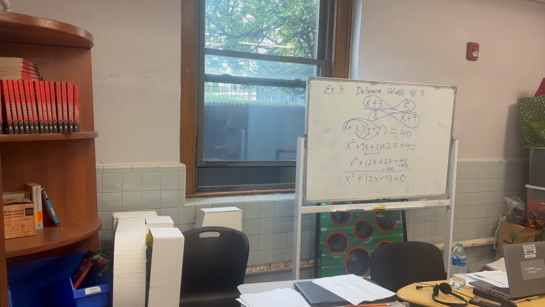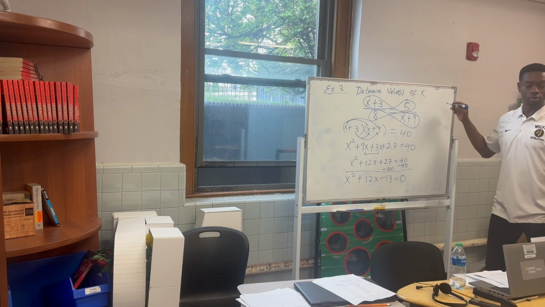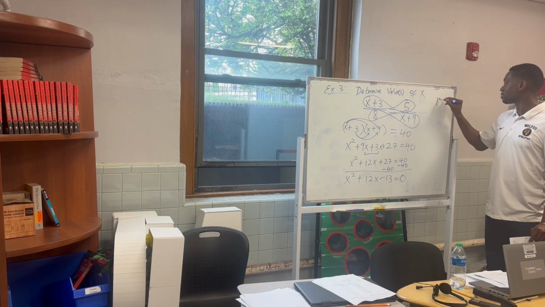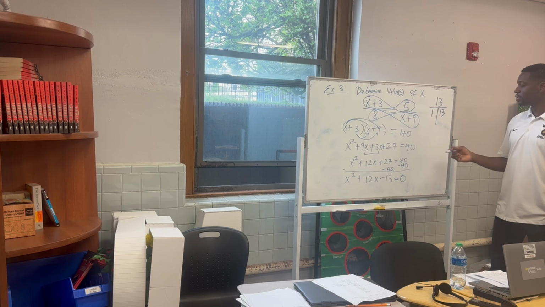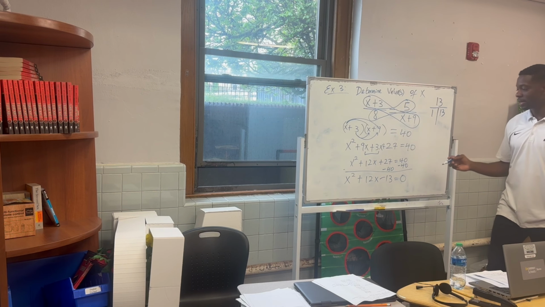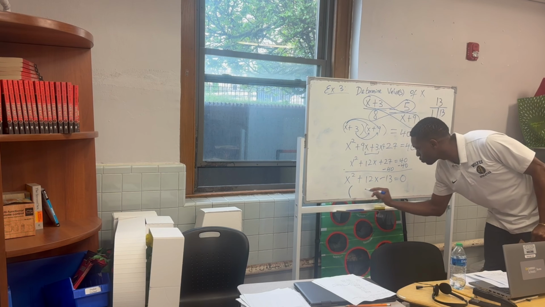When I had 27 minus 40, right? Oh. Right. So I need multiples of 13, and I'll do it on this side. I think there's only one set of numbers we can get, which is 1 and 13, right? We got to determine which one is positive and which one is negative.